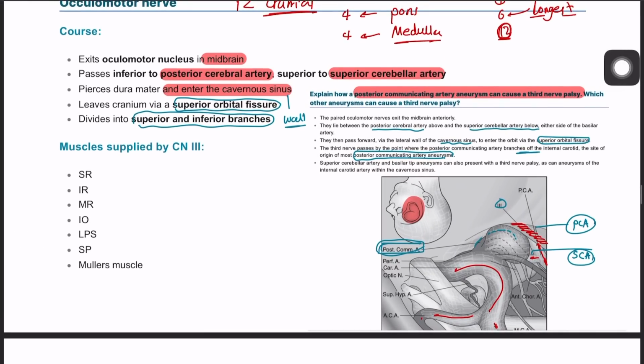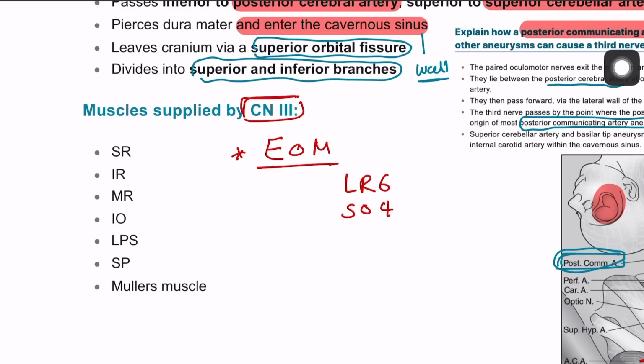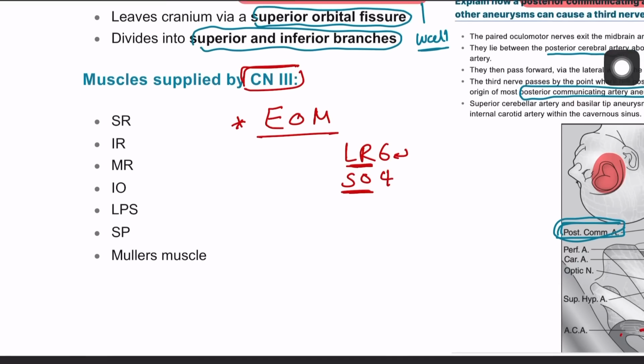But what will happen when the nerve is paralyzed? Before answering this, we need to answer the function of the nerve. The cranial nerve gives supply to the extraocular muscles, all of them except two, which are LR6 and SO4. Superior oblique number 4 and lateral rectus take from the sixth cranial nerve.